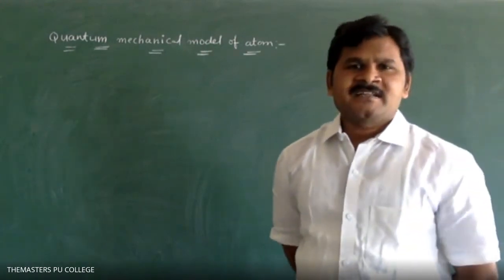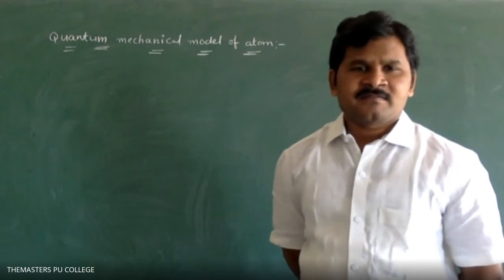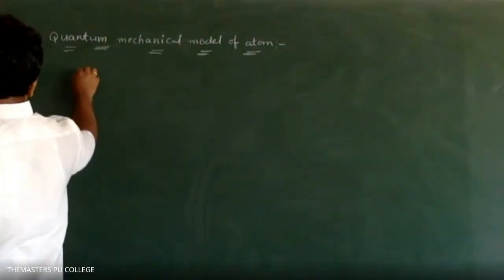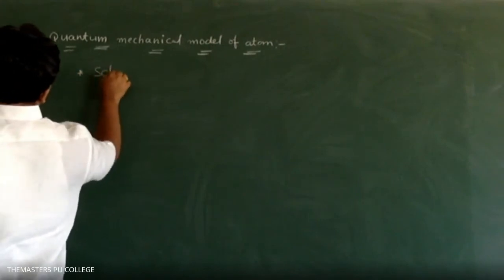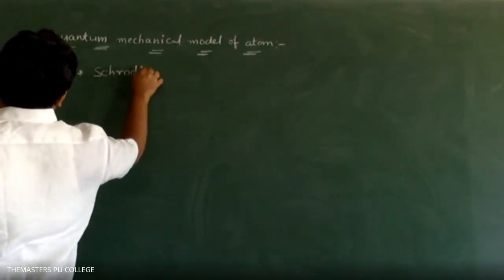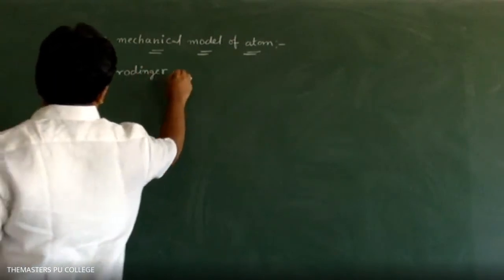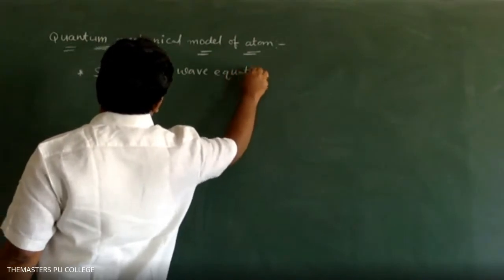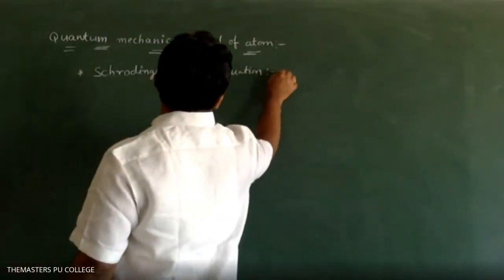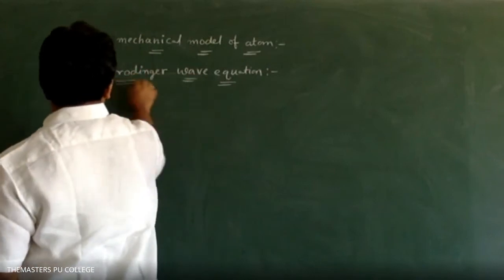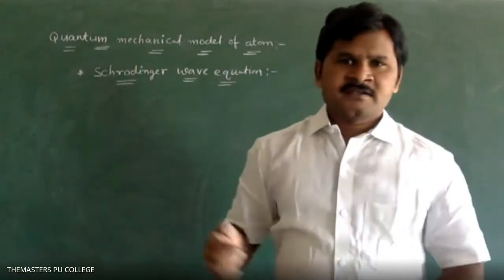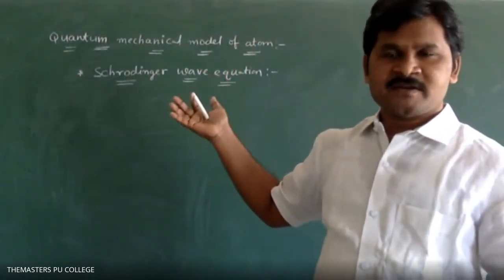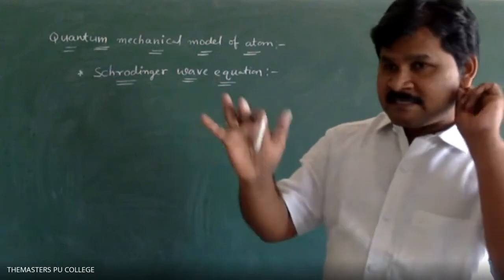So this quantum mechanical model of atom we can explain by using Schrödinger wave equation. This Schrödinger wave equation is based on quantum mechanics. To understand quantum mechanics, we require high-class mathematics, that is secondary.